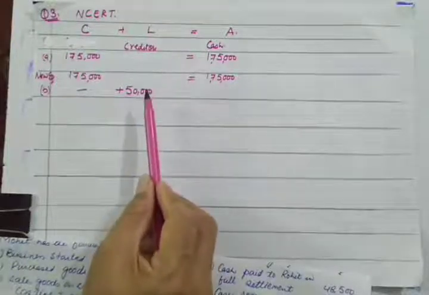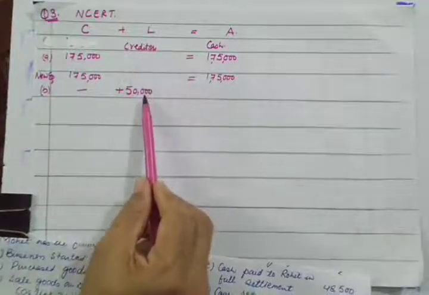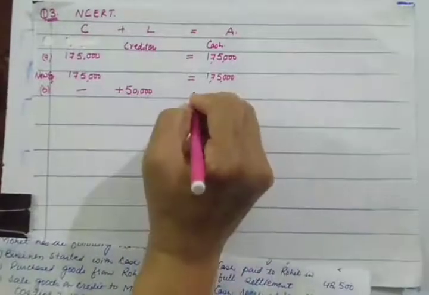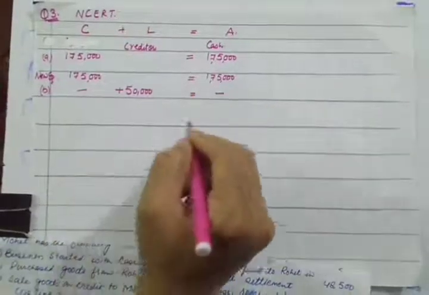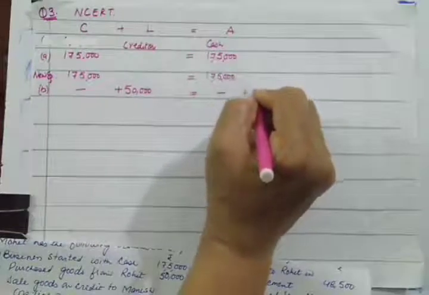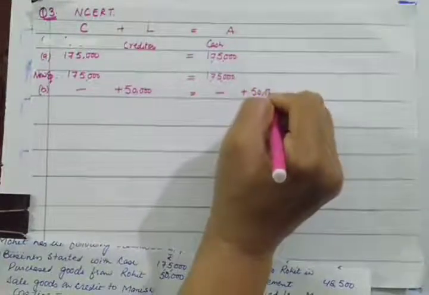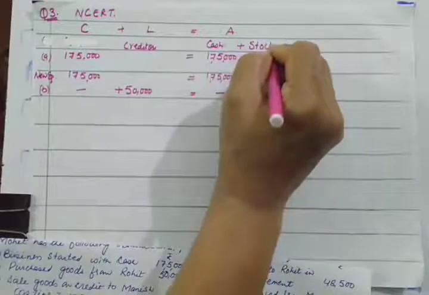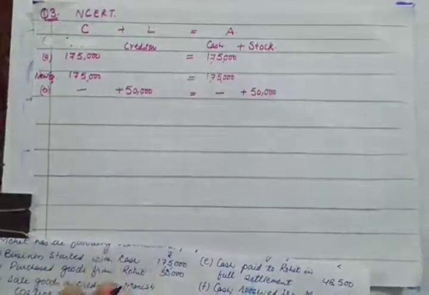So you need to mention the name of liability. So it is 50,000 and we are buying goods. So no change in cash. A new item will be added with rupees 50,000. What is the new name of the new item? It is stock. So I hope this is clear to you.